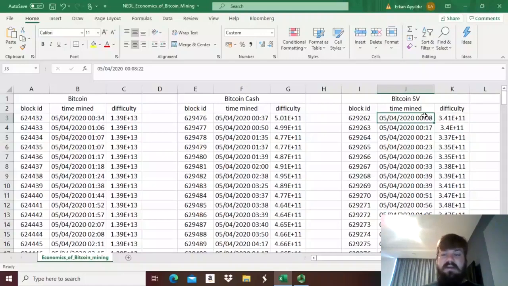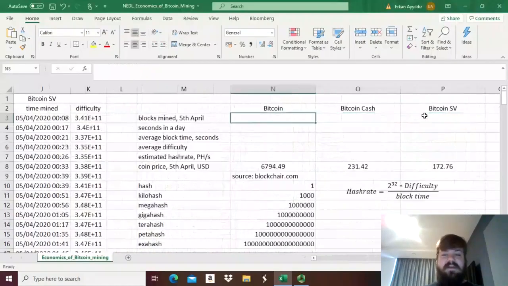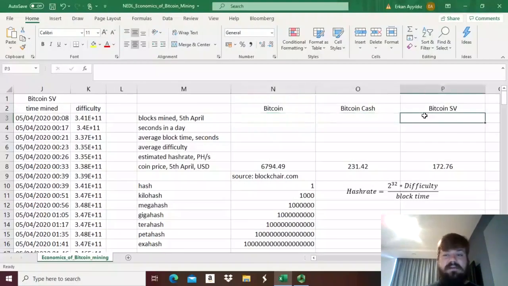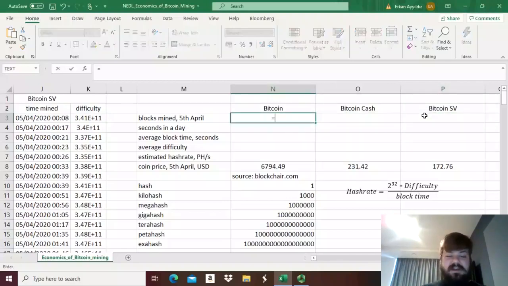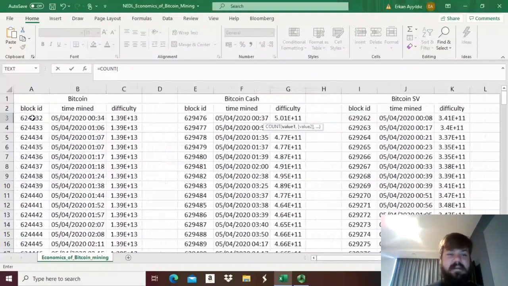So to do that, we first of all need to figure out how many blocks have been mined on each of those 3 blockchains on the 5th of April to estimate the hash rate of the network on the 5th of April. To do that, we just need to count the number of blocks that have been mined on the 5th of April.